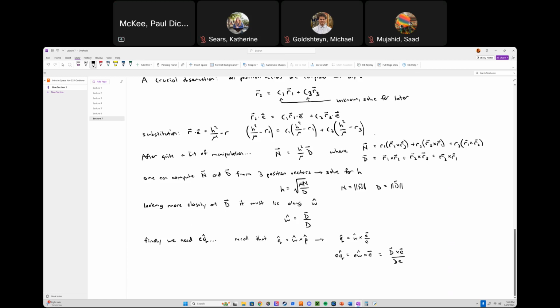Hopefully that makes some sense. D crossed with E over DE gives you EQ. Or sorry, whoops. I knew something looked fishy here. There's no E in the denominator. It's just D. So D crossed with E over D gives you EQ.